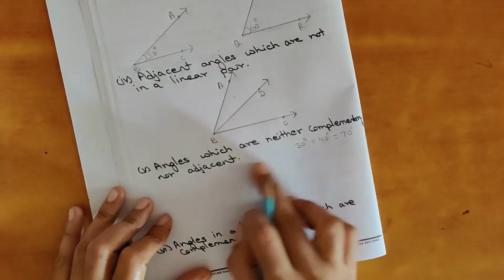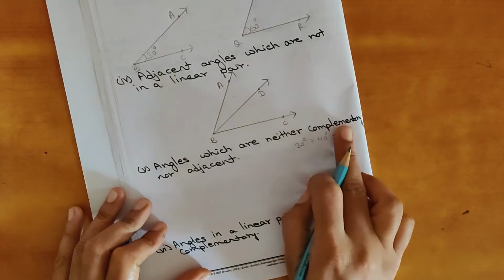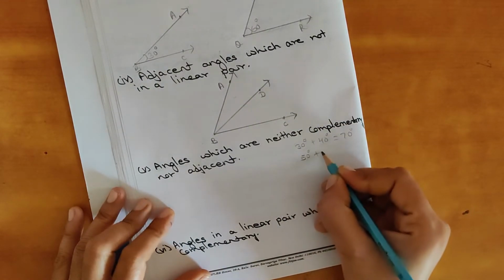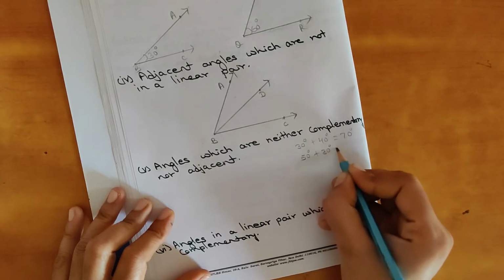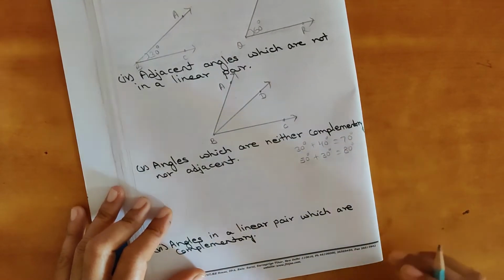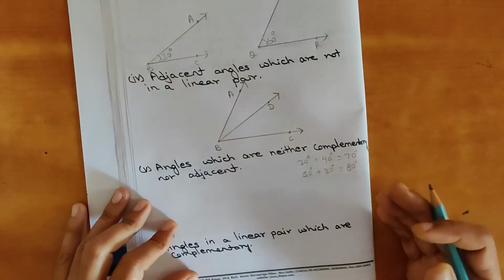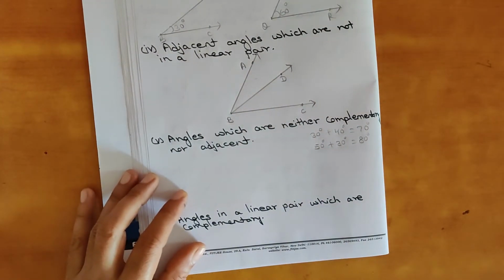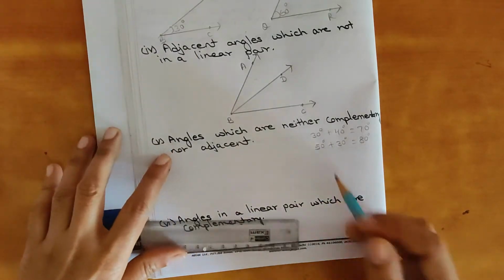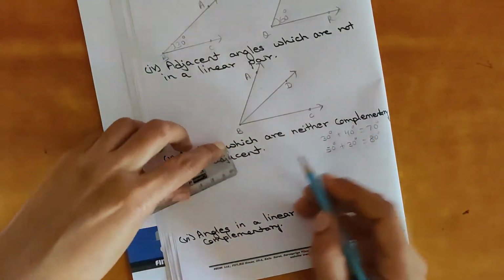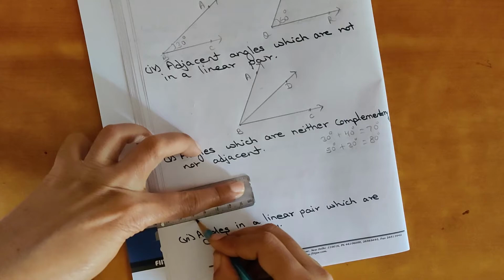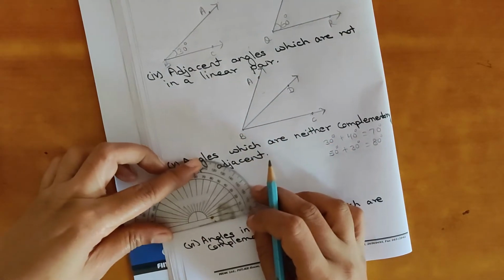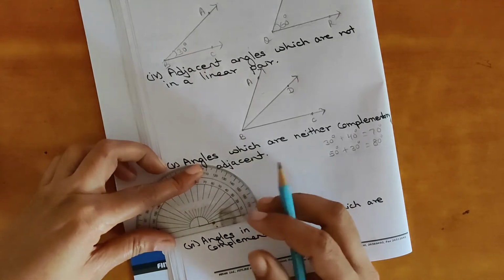So they are neither adjacent nor complementary. Like that you can draw 50° plus 30°, sum is 80°. The sum should not be 90°, because it would be complementary. So we can do this quickly. I am drawing the first one, 30°, and 40°. The sum will be 70°.